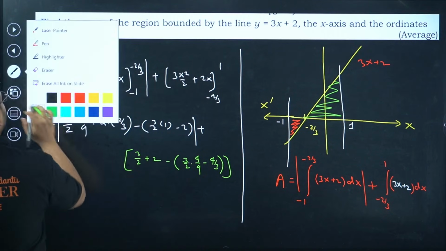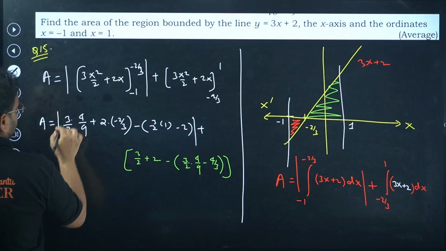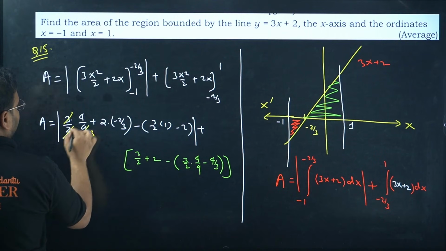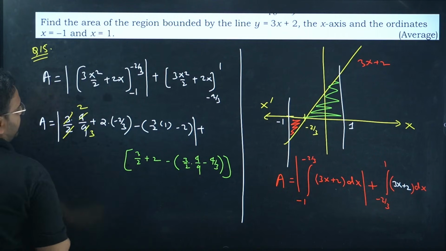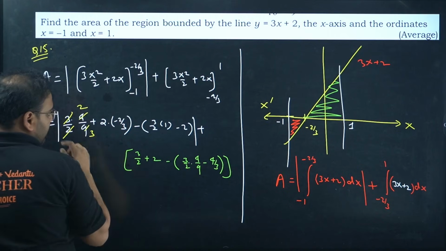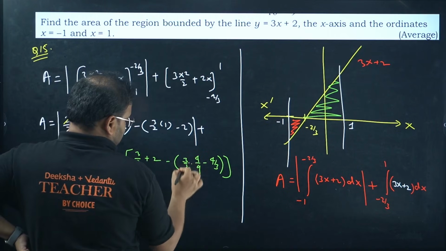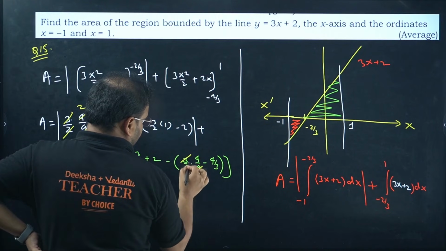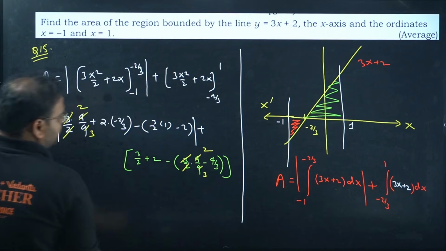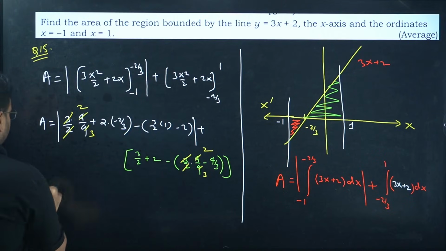Please check. Yes, 3 3s are 9, and 2 2s are 4, so I'm getting 2 by 3 over here. This will become minus 4 by 3. Correct? Alright, let's simplify this now.